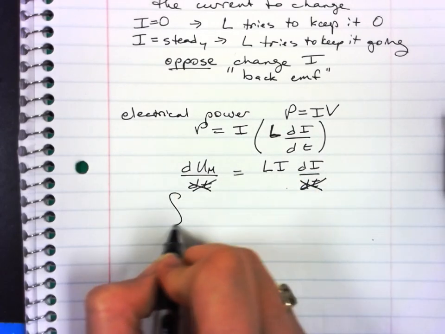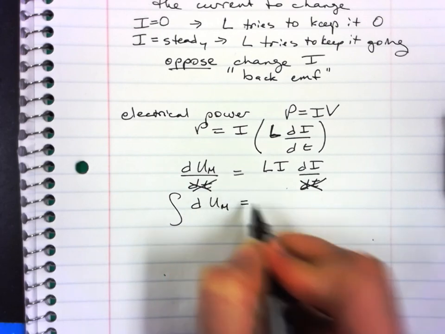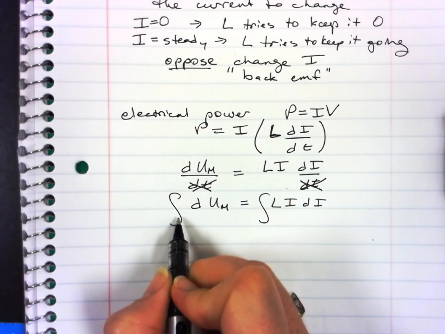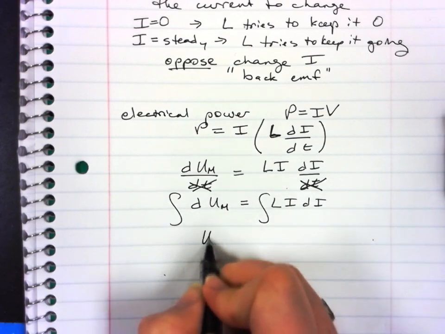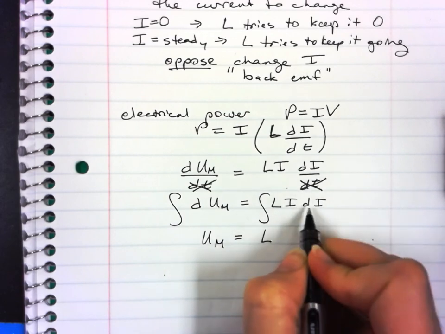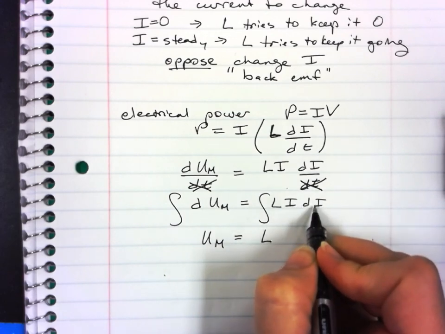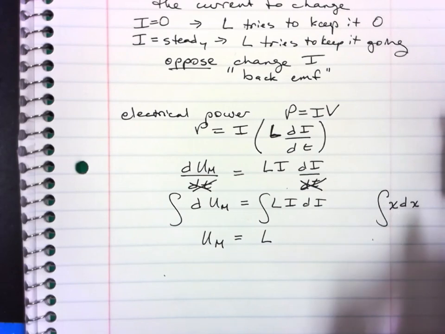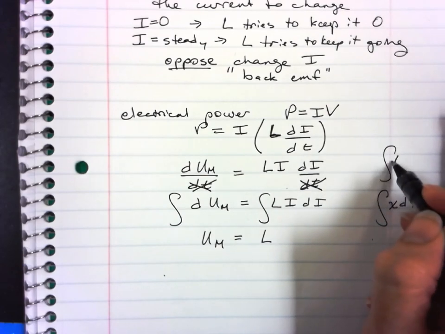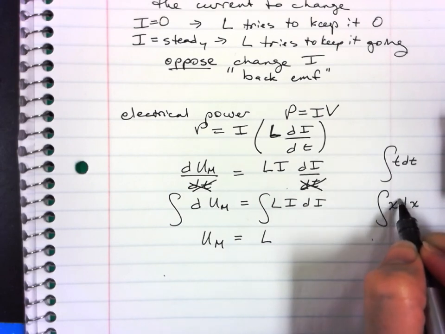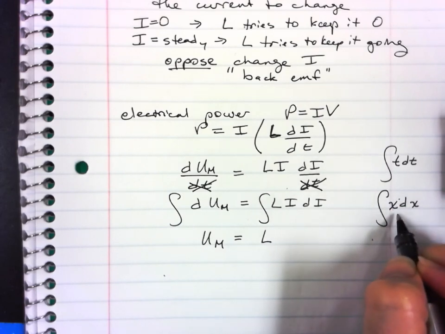So we're going to integrate both sides. If you integrate the derivative, you get back the original thing. On this side, we know L is a constant, but we need to integrate i di. So this is the same as x dx, or t dt. So this is x to the first power. We need to raise the power and divide by the new exponent.